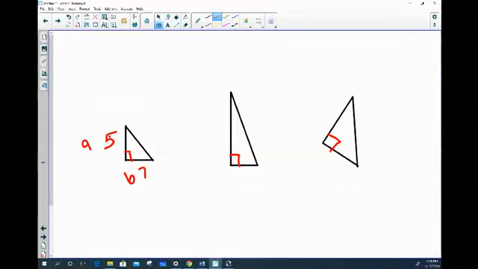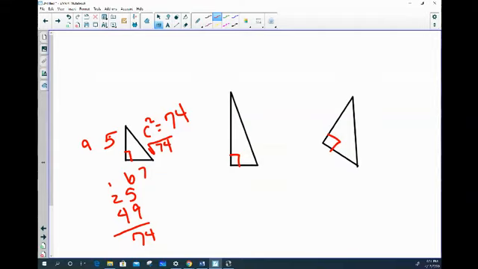Well, that means 5 squared is 25, plus 7 squared is 49. So 25 plus 49 is 74. So C squared is equal to 74, which means the length of side C is the square root of 74.